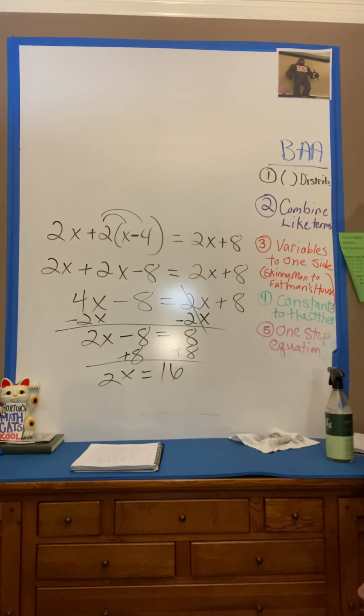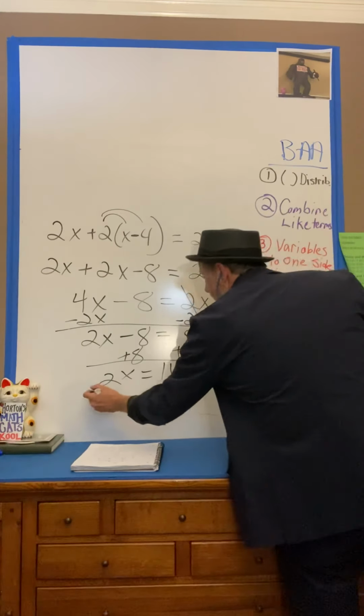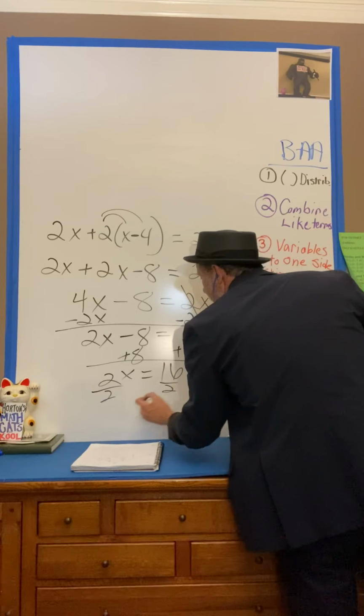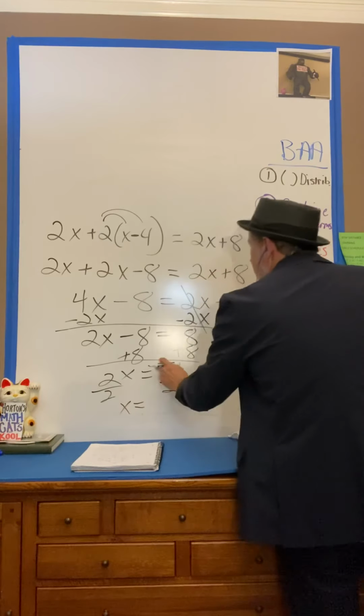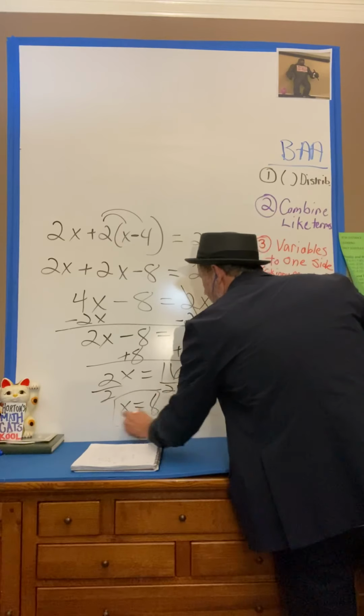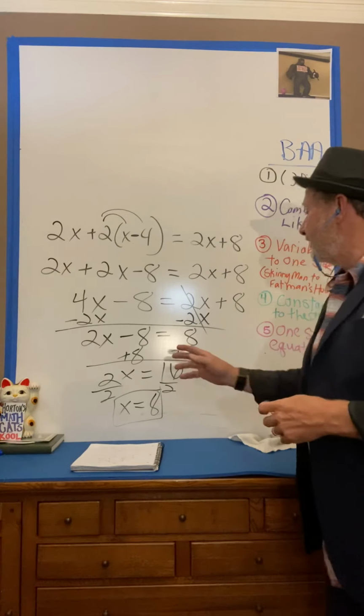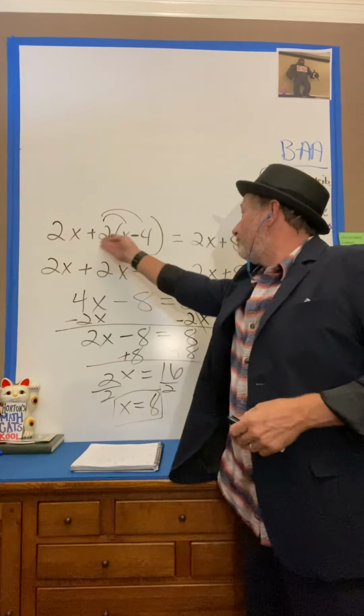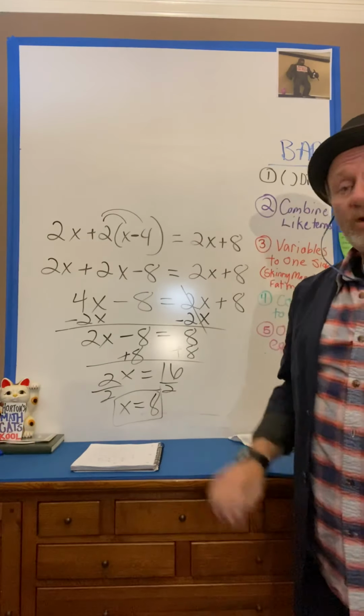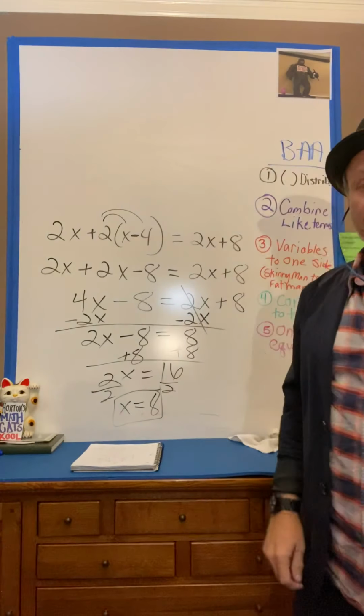And now it's a one-step equation, the easy peasy part. Divide by 2, and 2 goes into 16 8 times, so x equals 8. If you wanted to, you could take your 8, plug it into all of them, work it down, and it should be equal on both sides.